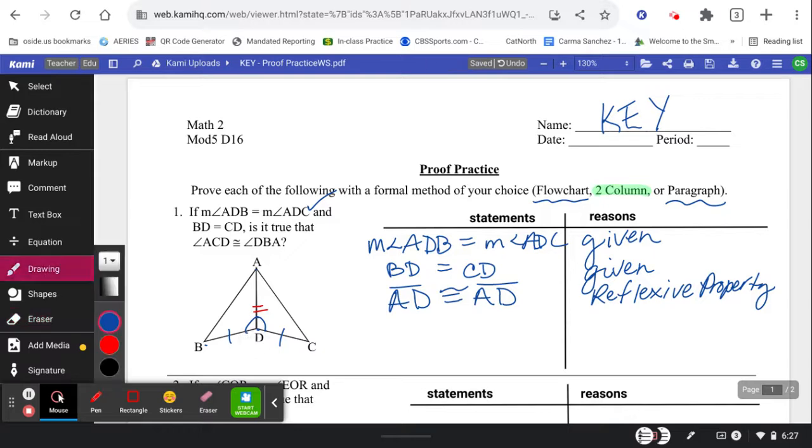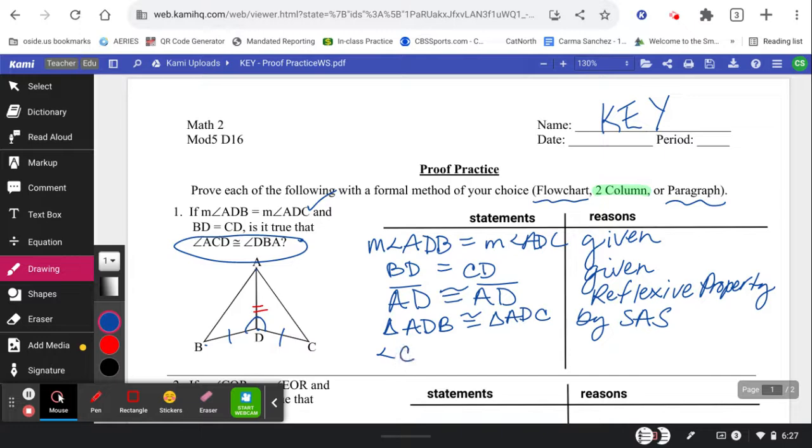Congruency. So I'm going to state the triangle congruency next. Triangle ADB is congruent to triangle ADC. And that's by side, angle, side. So now that I've proved the triangles are congruent, now I can say that any of the parts are congruent. So I go to my proof statement right here.